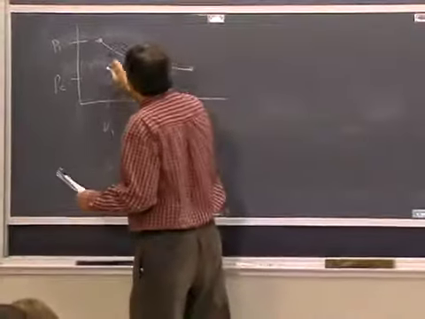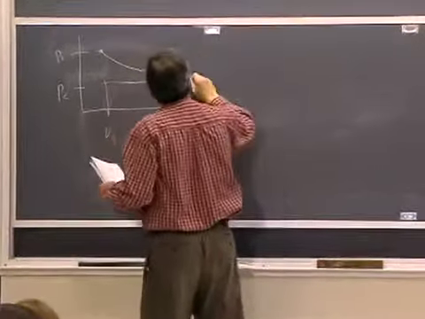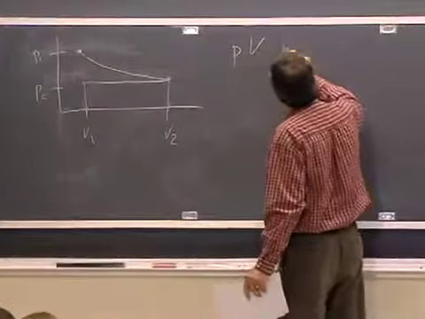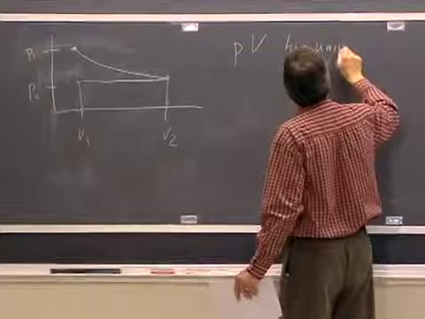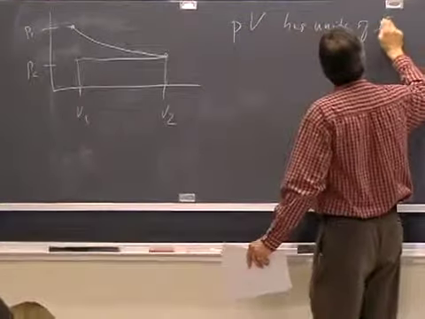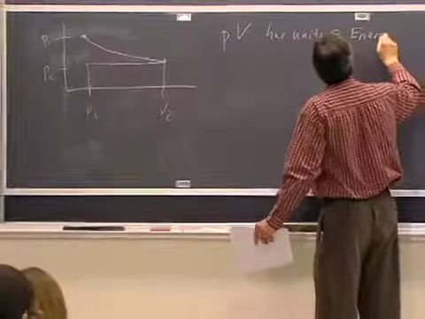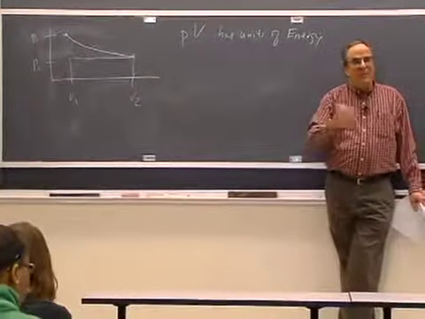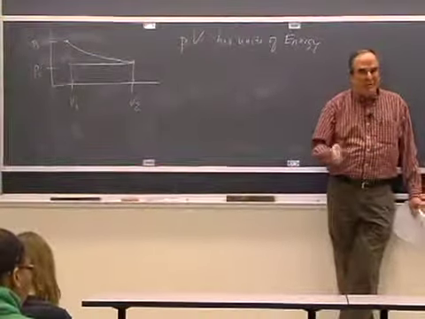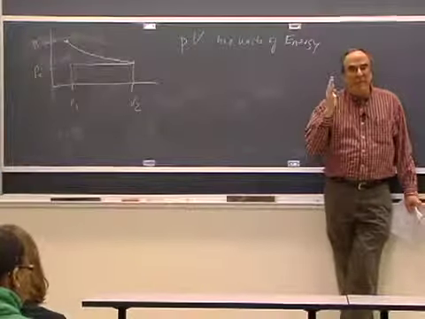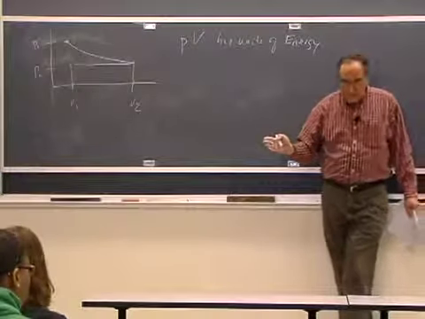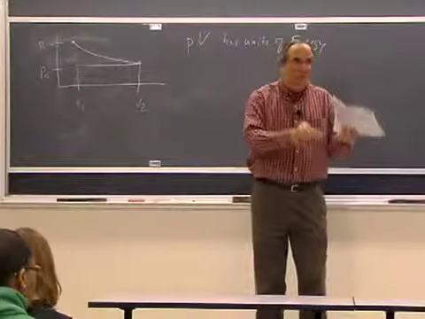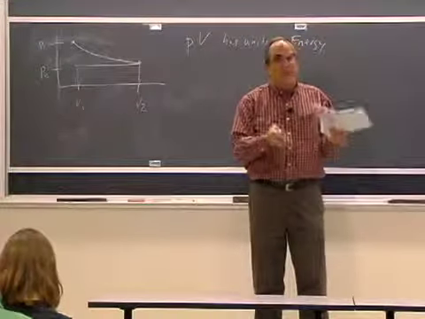So we did work. Oh, I should mention, P times V has units of energy, or units of work. Remember that, because you're going to find lots of thermodynamic quantities, and you're often going to be deriving things on exams, and you're going to almost always want the combinations of quantities to have units of energy.